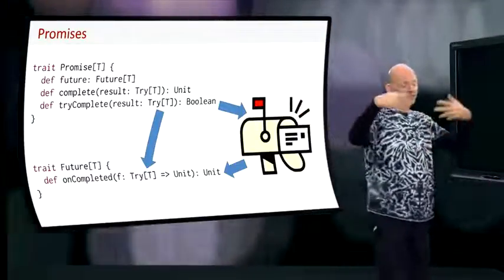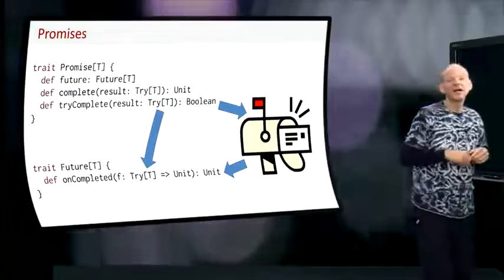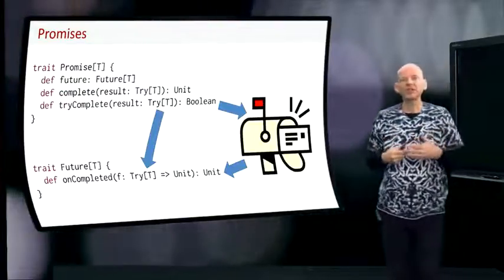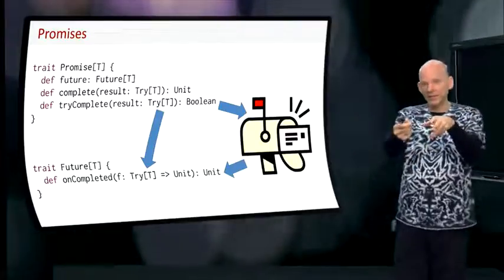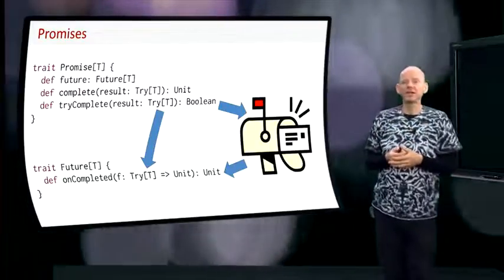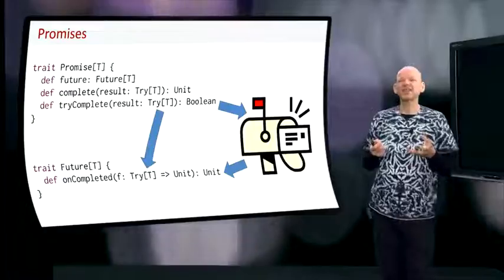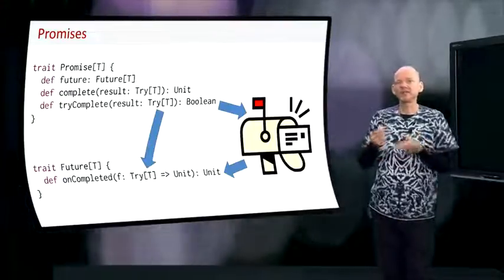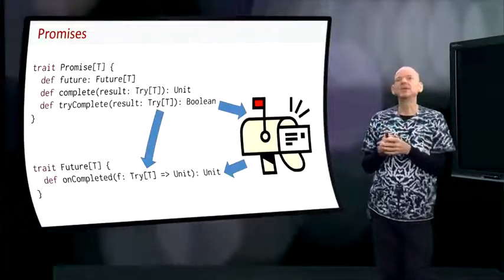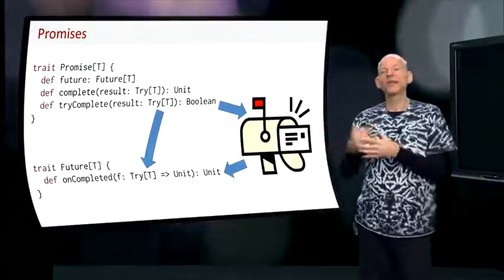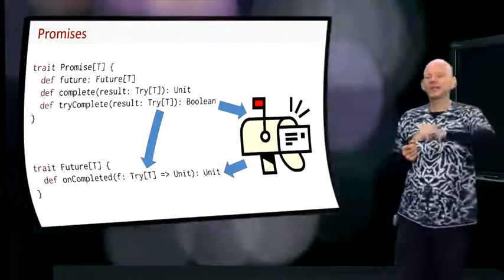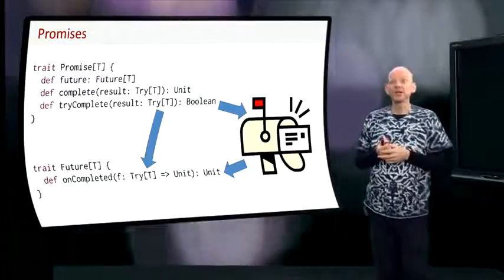That's the signal that your callback has been processed, and then somebody, the postman, puts the mail in your mailbox. And that's exactly what a promise is. It's a little bit like a mutable variable, where one side is a future where you get the value via callback, and where you can set the mutable variable on the other side.